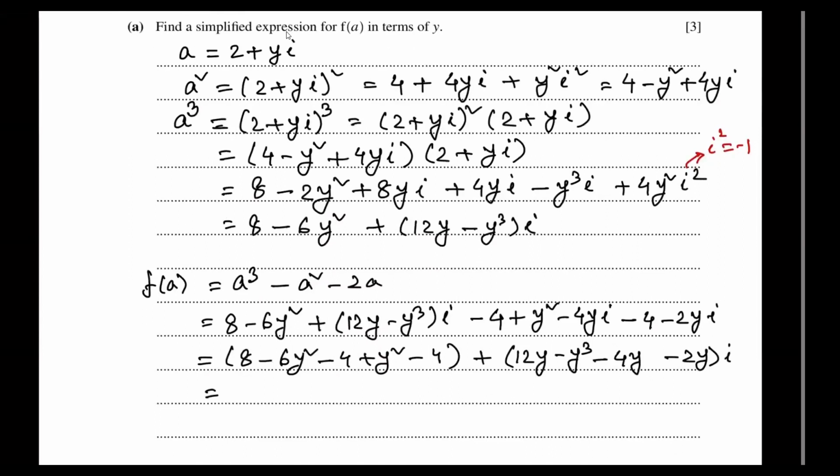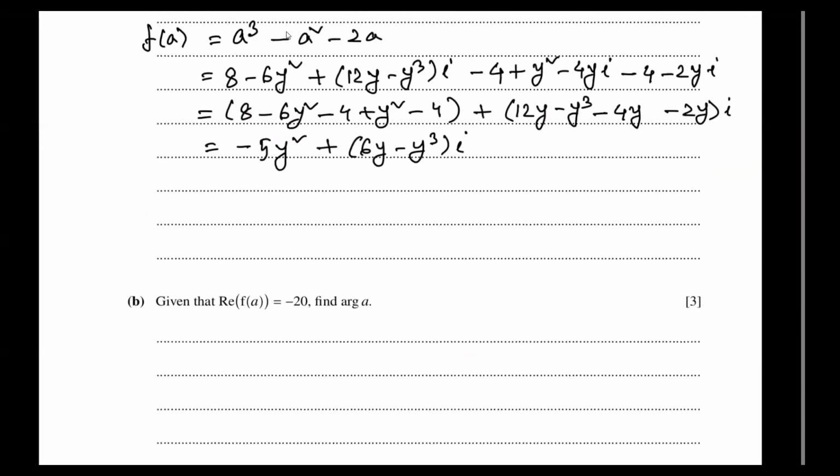We have minus 5y square, and here we have 6y minus y cube. That's the simplification. So minus 5y square, plus (6y minus y cube) i. So that part A, we have simplified the expression for f of a in terms of y.